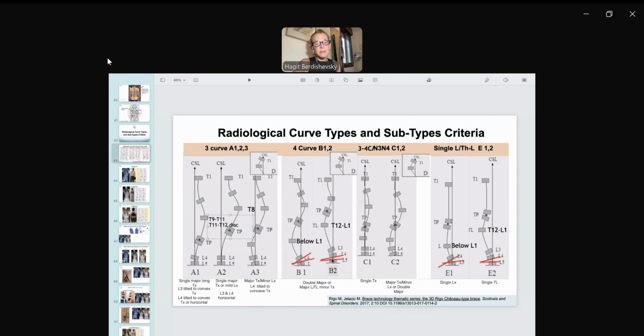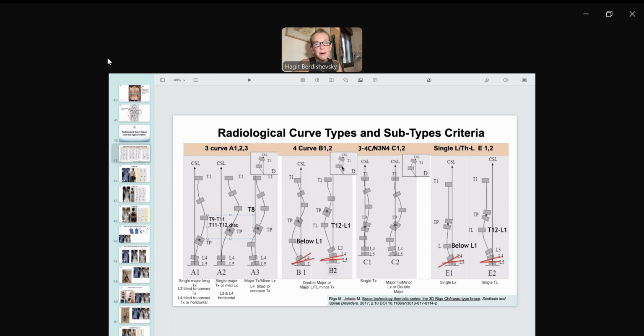It's rare to see the upper thoracic curve, the D modifier that you see here, come with a single. It can come with a 3C curve, 4C curve, 3-4C curve, but it cannot just all of a sudden appear there.